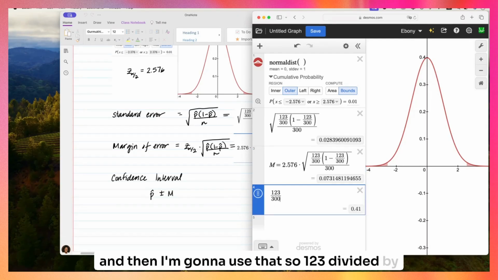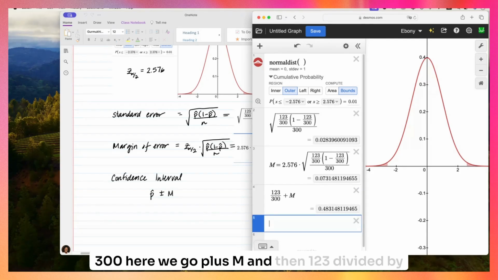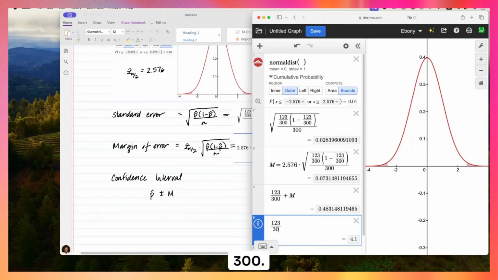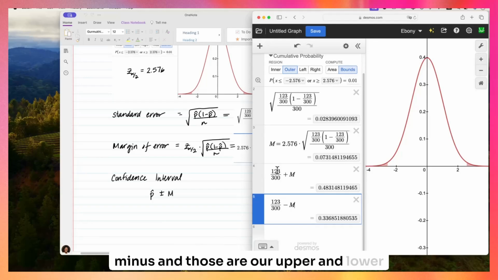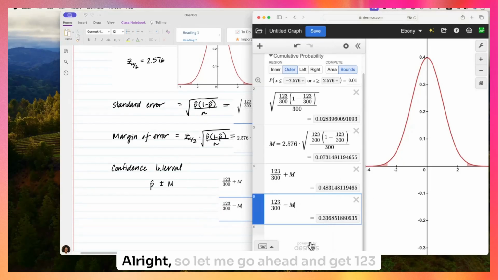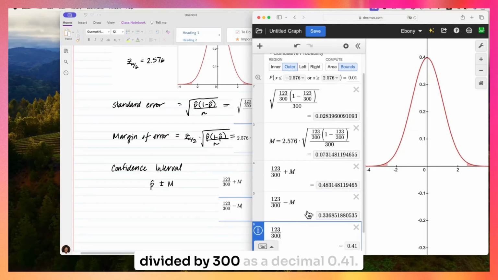So 123 divided by 300, here we go, plus m. And then 123 divided by 300 minus m. And those are the upper and lower bounds of the confidence interval.